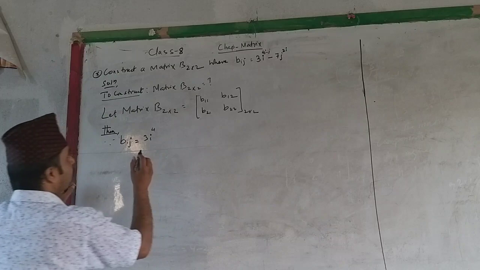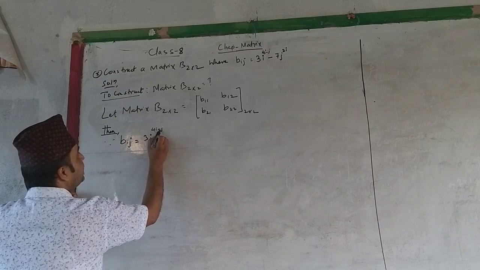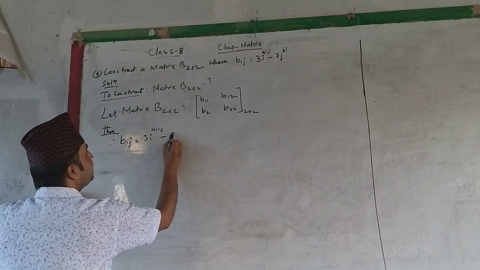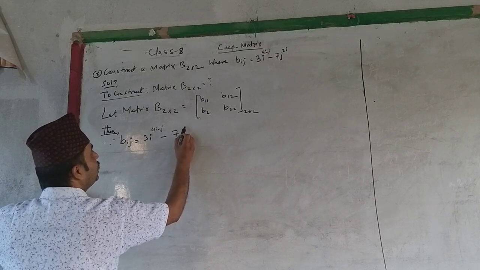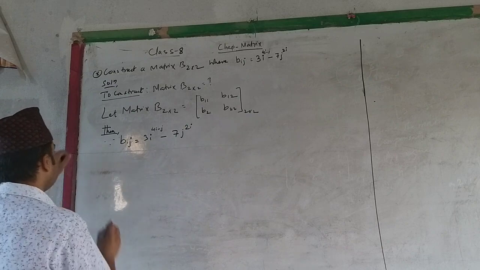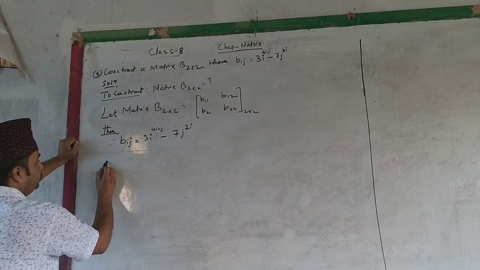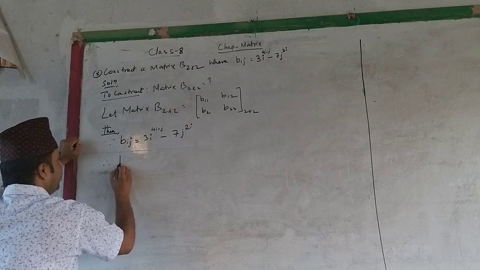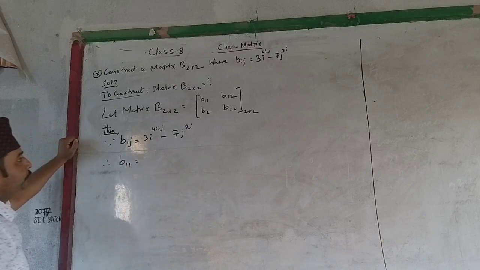So now see here. 4i minus j, minus 7j, 2 to the power. Okay, let's find. Now for the first element, B11.